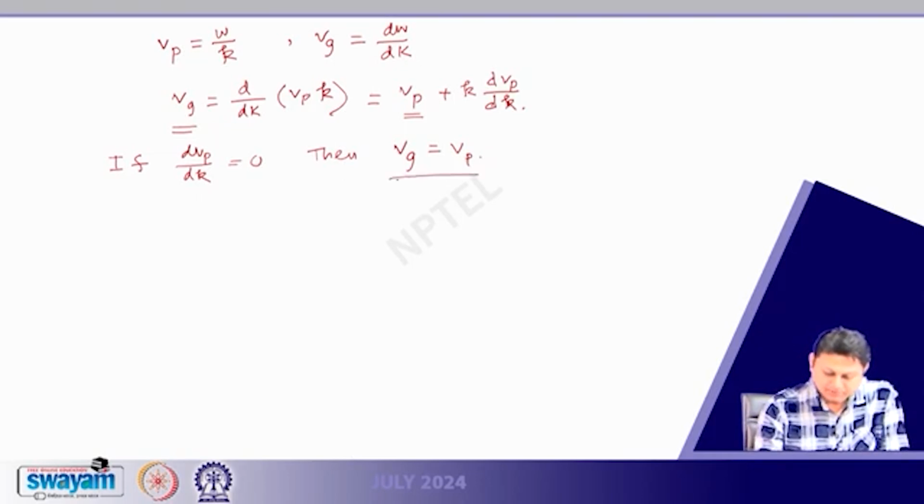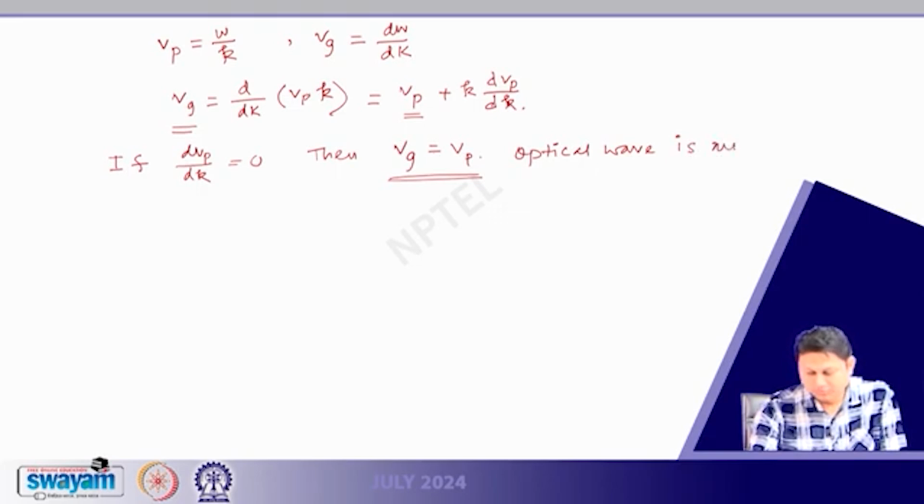Normally this case happens when the light or the optical wave is moving through a vacuum or free space.